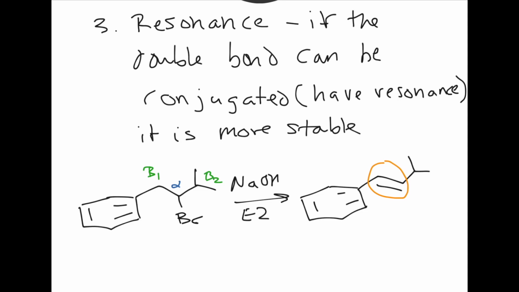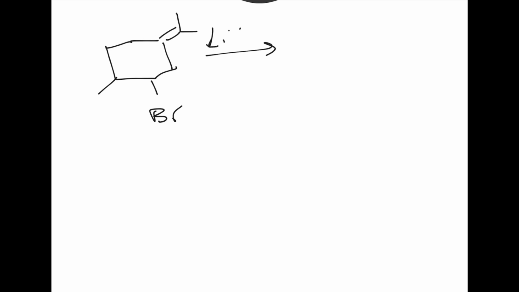So you always want to put your double bond so it's close enough to interact with other double bonds if you can. So let's say we had something like this.